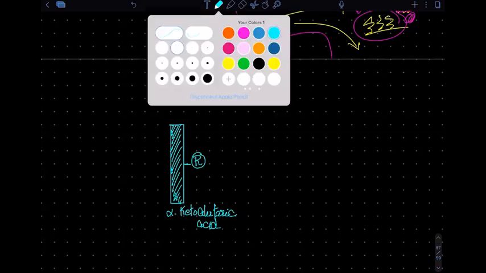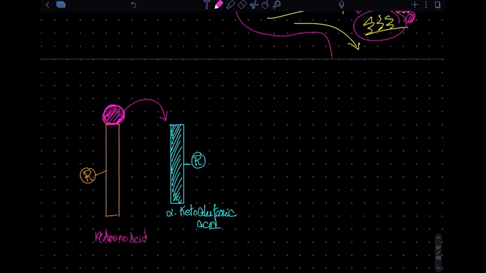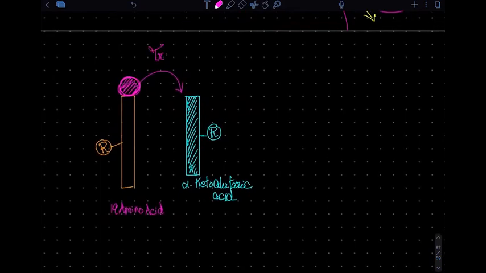Any other type of the 20 different types of amino acids. They are different in terms of the R group. They have an amine group attached to them. So what we're going to do, we're going to be transporting the amine group from the ones that I want to break down. This is the other 19 amino acids. So when I transport the amine groups, this is called the transamination.